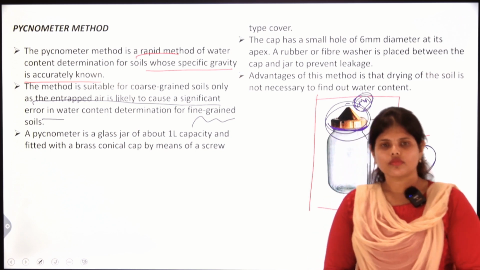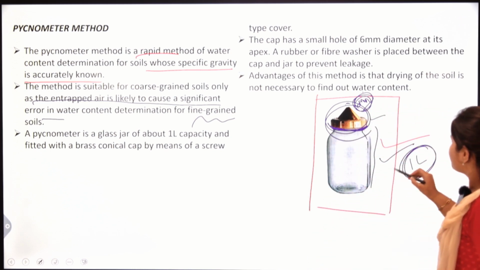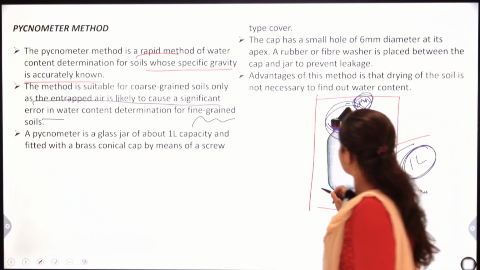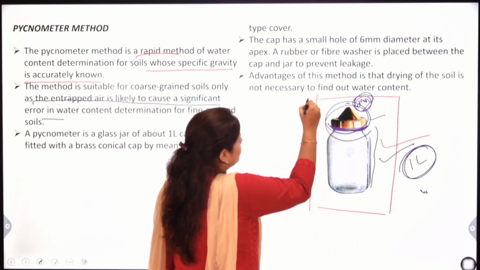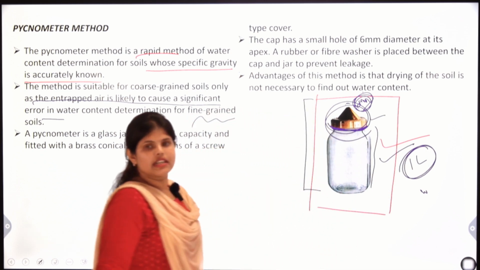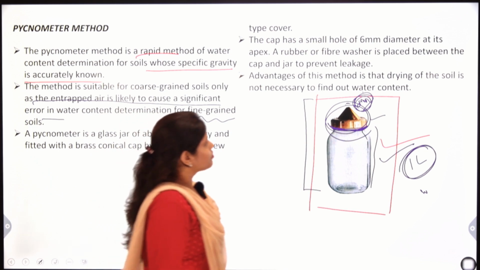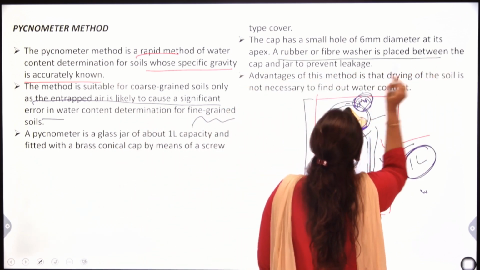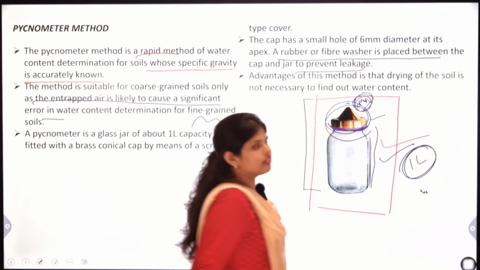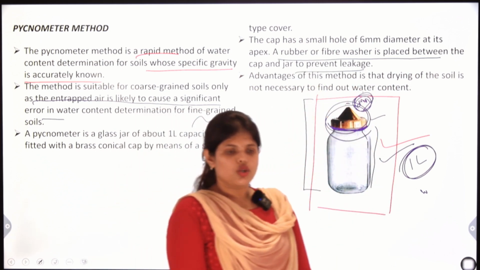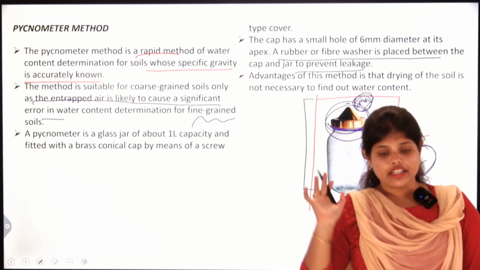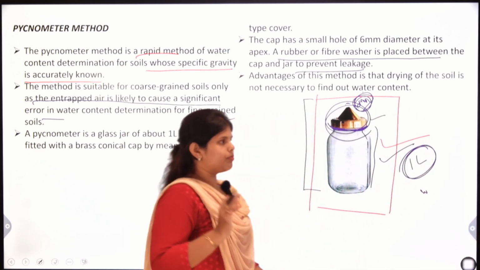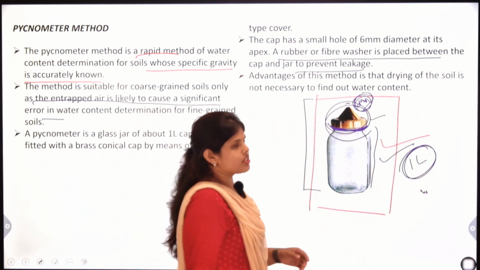What we do in this method, first we calculate the weight of this jar. Here, as said, a rubber or fiber washer is placed to prevent leakage.